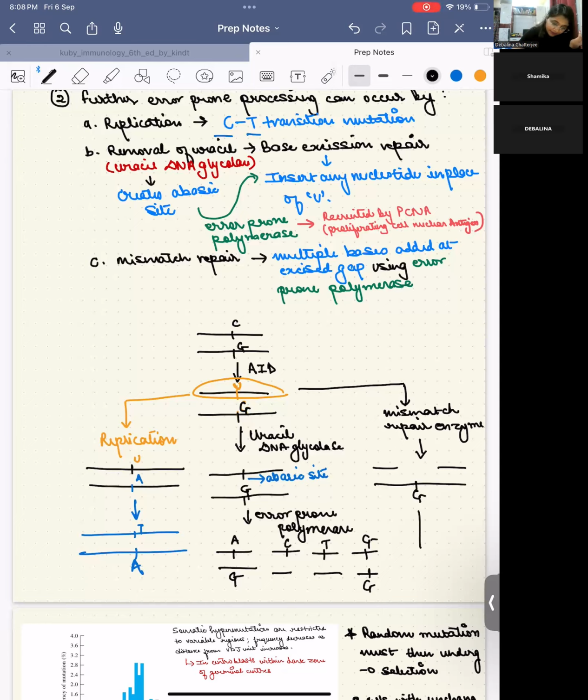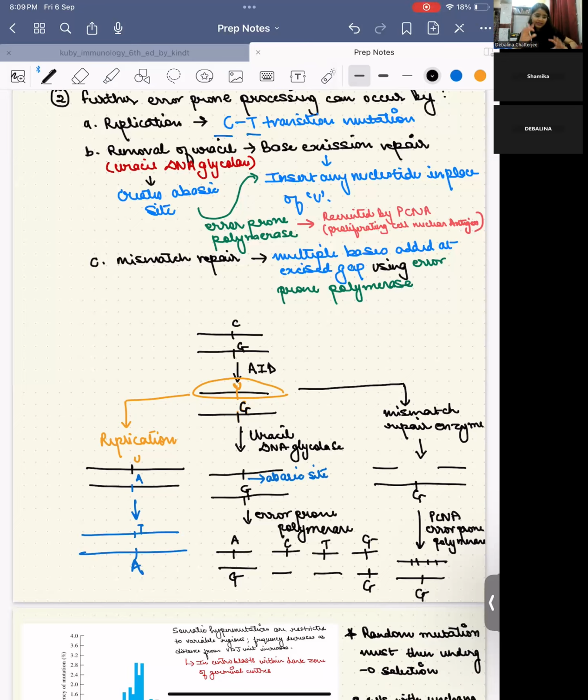But because of the presence of PCNA, the recruitment is again going to be of the error-prone polymerase instead of the normal polymerase, and we will have different kinds of nucleotide bases incorporated, and in subsequent rounds we will have some totally different combination of nucleotide pair than what we can expect from the initial gene that was present, right?